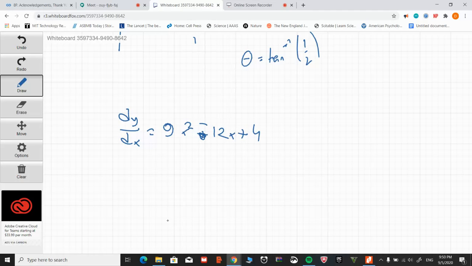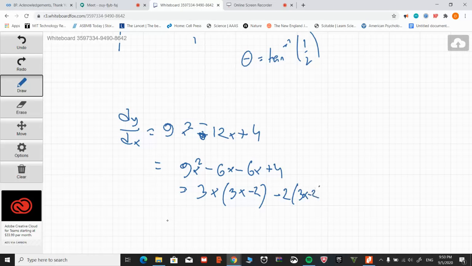Well, turns out এটাকে আমরা ফ্যাক্টরাইজ করতে পারি। 9 4s are 36, so factorize করলে we get something like this. Factorize মানে middle term type এর। So 3x minus 2, 3x minus 2, turns out the gradient is 3x minus 2 whole squared.